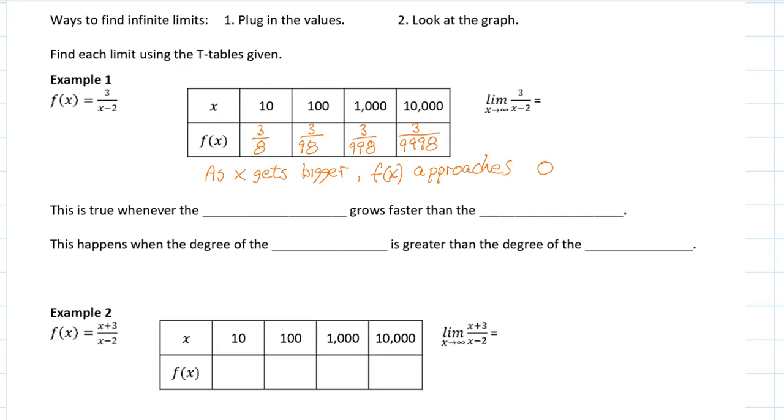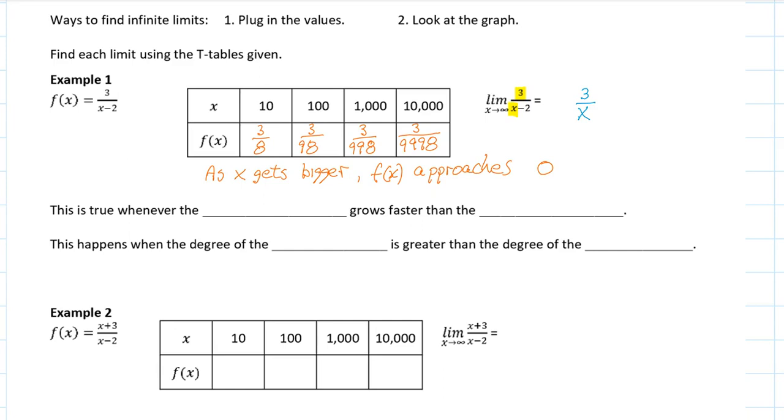Now, if you look at your function, when we took pre-calculus or algebra 2, we didn't care about the minus 2 back here. When we looked at a rational function and we were looking at, okay, where is my horizontal asymptote on this rational function? All we did is we looked at the lead term in the numerator and the lead term in the denominator. We didn't care about that other stuff. So I want to look at this as 3 over x. Those are the lead terms in the numerator and denominator.